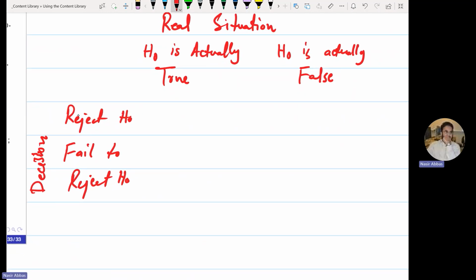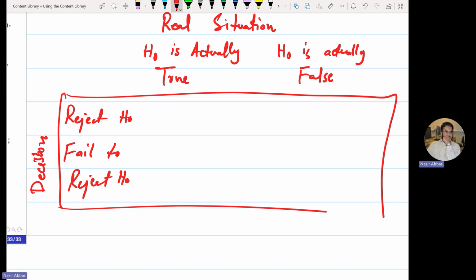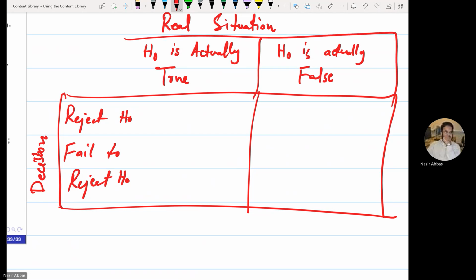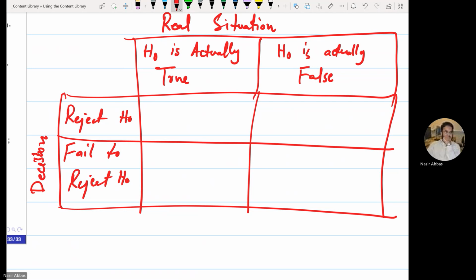So this gives you a 2x2 table with 4 cells. What is the first cell? First cell is that H0 was actually true, but you rejected H0.